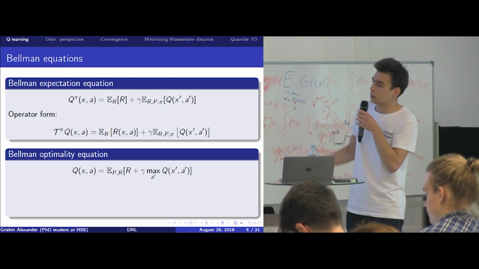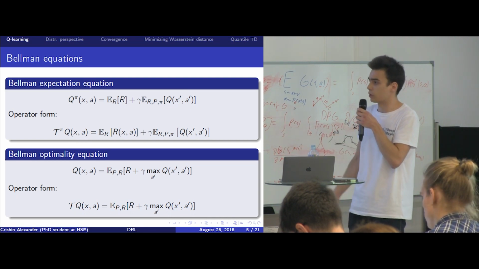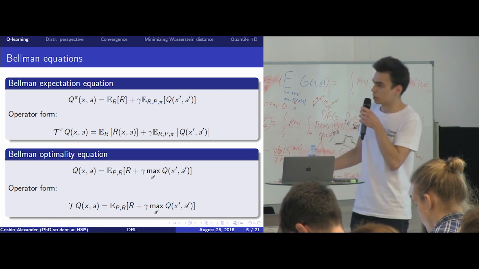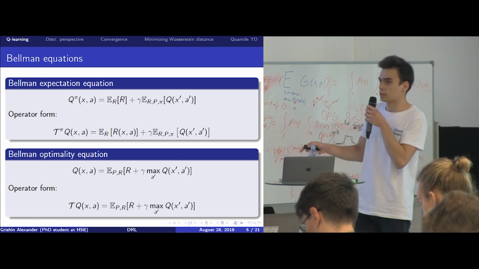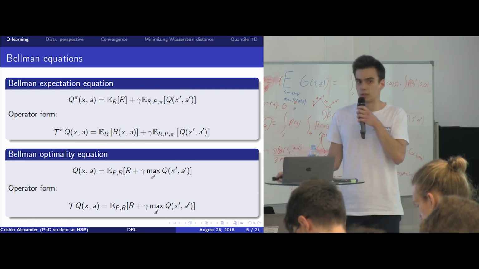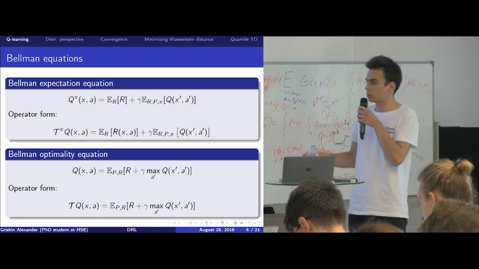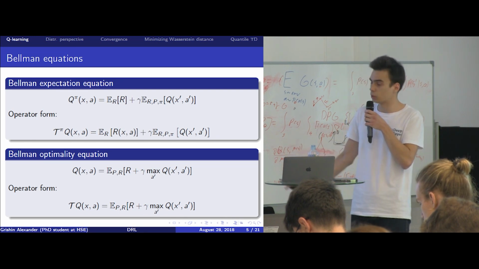And from this equation, accordingly, we can derive the operator form. A very important nuance is that this operator doesn't depend on any policy. It can act on a function defined on the state-action space without any policy at all.